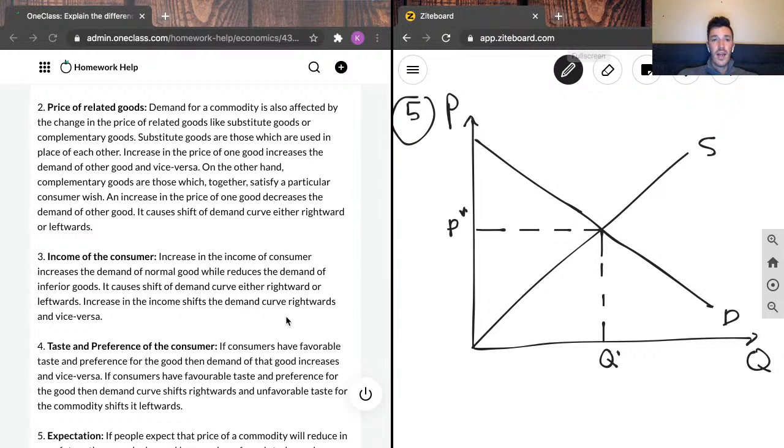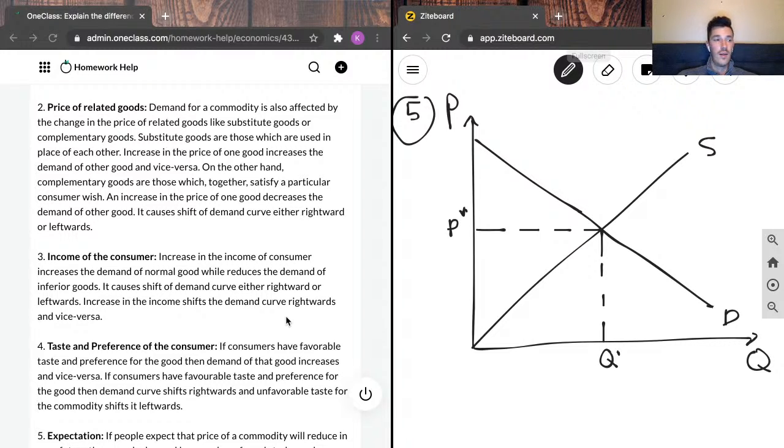Change in the price of related goods. Demand for a commodity is also affected by the change in the price for related goods, like substitute goods or complementary goods. Substitute goods are those which are used in place of each other. So an example is like you're really craving some fast food and you wanted to get a burger, but when you went to Burger King, Whoppers now cost $50.